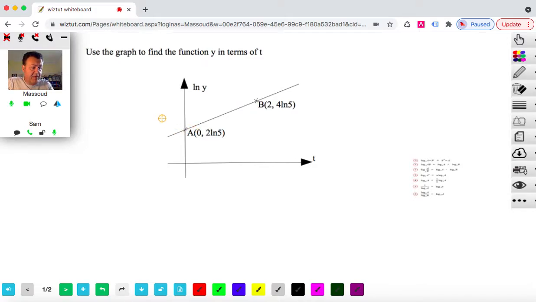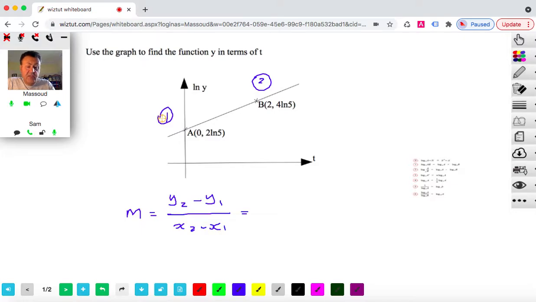So let's begin by finding the gradient of the line. A gradient is normally shown by the letter m, and so the gradient would be y2 minus y1, the second y coordinate minus the first y coordinate, whichever one of these points you want to call the second one. I'm calling this one the second point, and this one the first point. And then x2 minus x1.